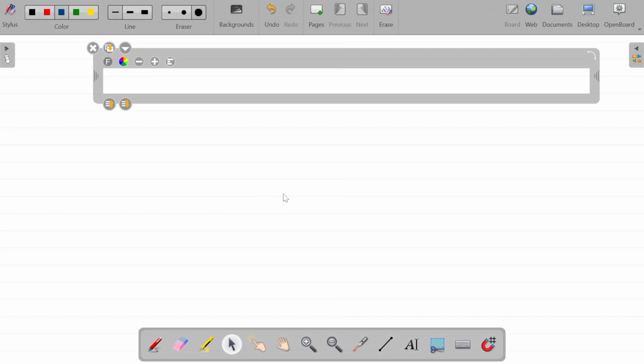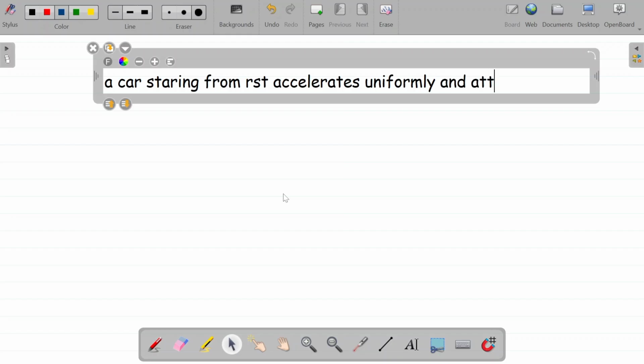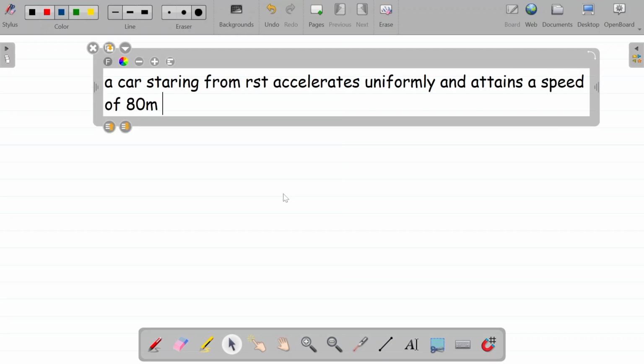So we have a car starting from rest, accelerates uniformly and attains a speed of 80 meters per second in 30 seconds.